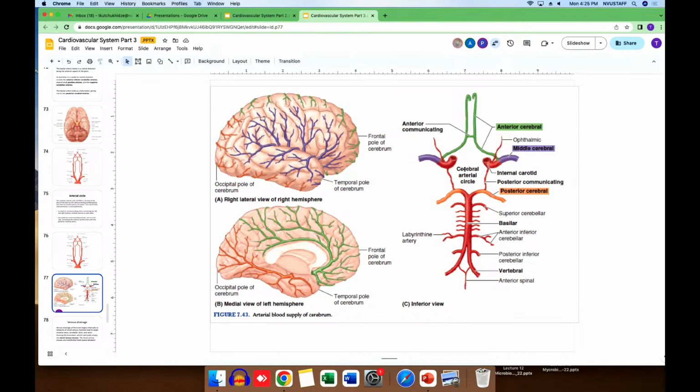And we have the posterior cerebral artery, which supplies mostly the occipital part of the cerebrum. We can say that the middle supplies the middle part, posterior supplies the posterior part, and anterior supplies the anterior part of the brain, right? Logically, the names explain themselves.